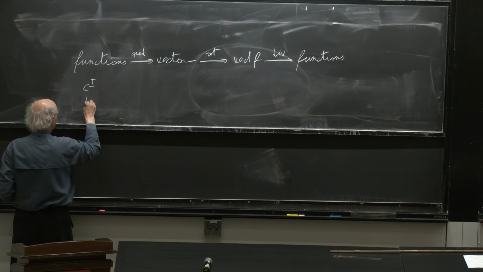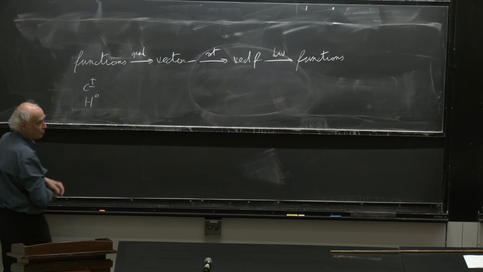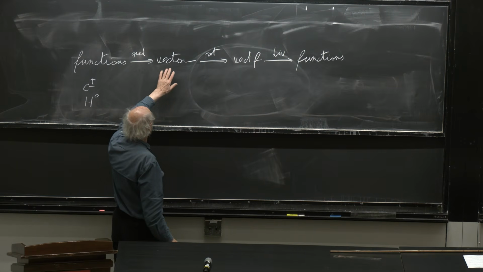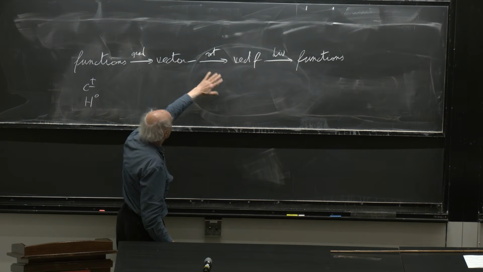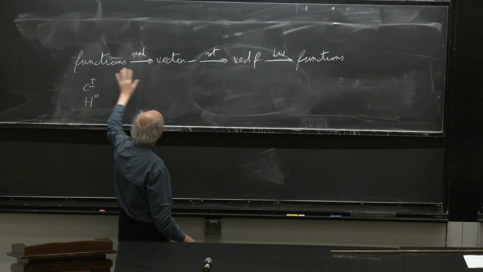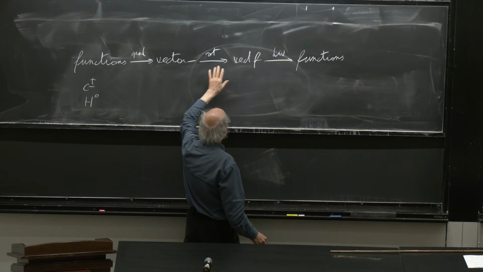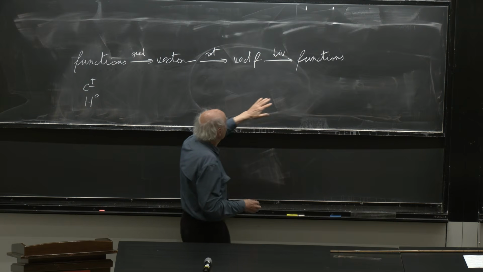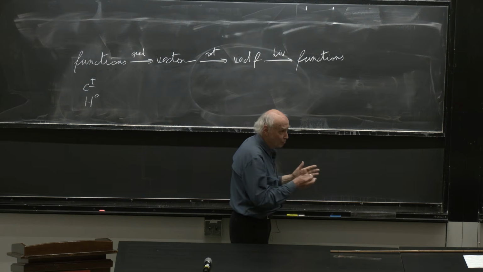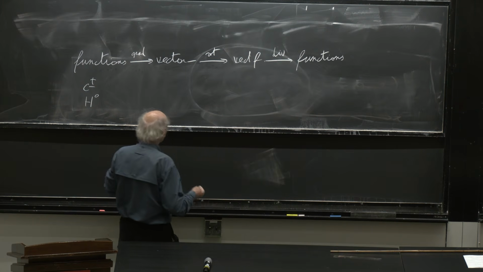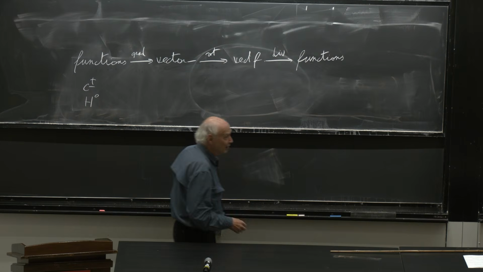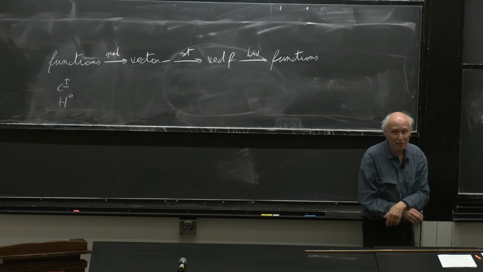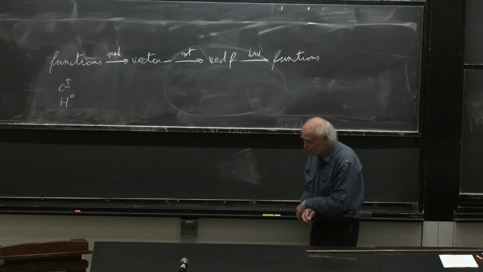And so that's the first cohomology group. But for the rest, if a vector field has zero rotational, it's a gradient. If a vector field has zero divergence, it's a rotational. And any function is a divergence.